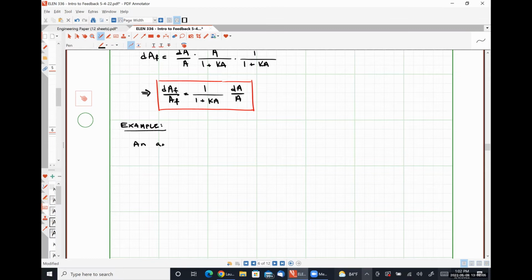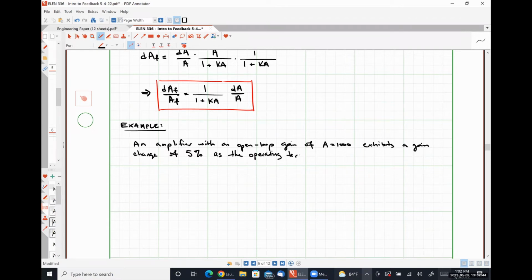So an amplifier with an open loop gain of A equal to 1,000 exhibits a gain change of 5% as the operating temperature changes from 25 degrees Celsius to 75 degrees Celsius.